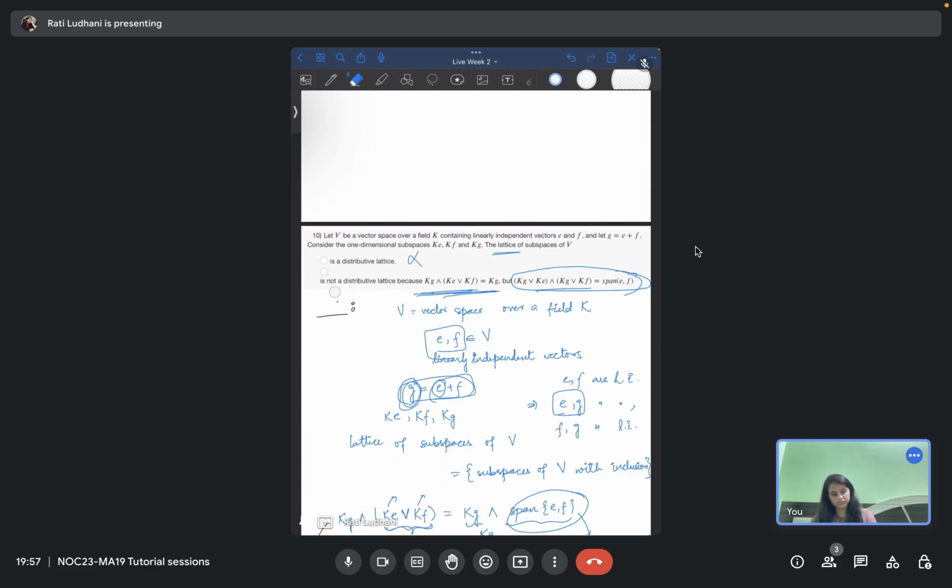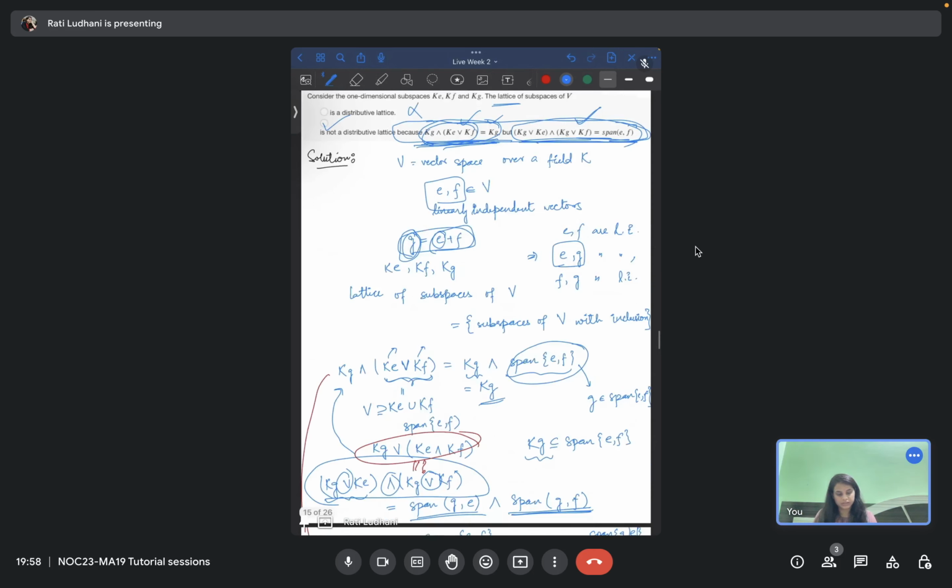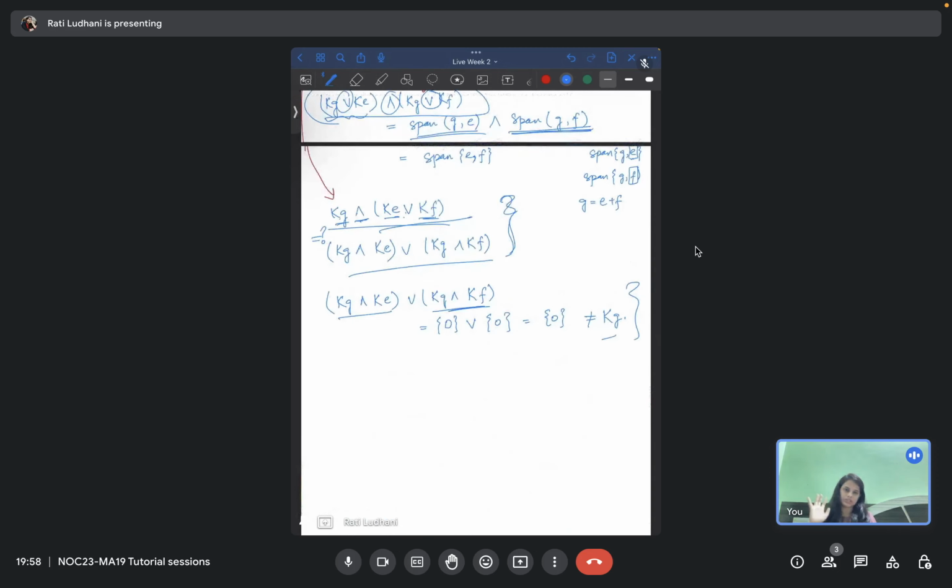Actually, you can take this option, and that's okay, because these statements themselves are true. So you can say that this is not a distributive lattice, because this is equal to KG and this is equal to the span of EF, and there are two other statements which need to be verified and compared with this, which we did actually. So basically this is not a distributive lattice. Is that okay?